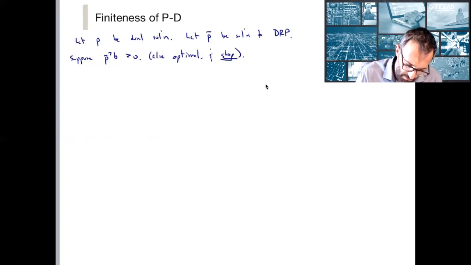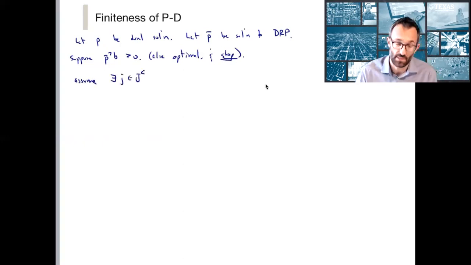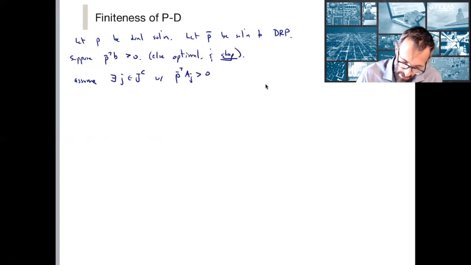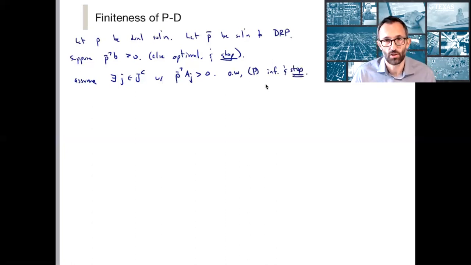And assume that there exists some J that's not admissible with P bar transpose AJ strictly positive. Otherwise, P is infeasible and we stop. Again, you may want to make sure that you understand why this is the case. We've said that in this lecture.